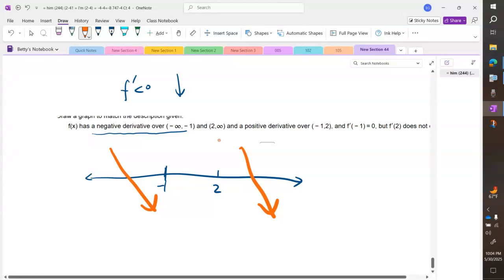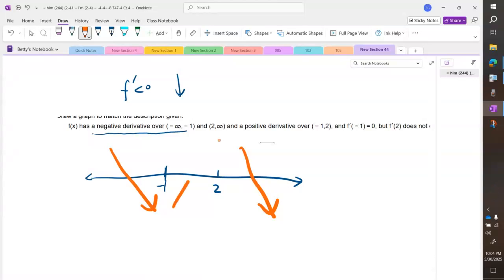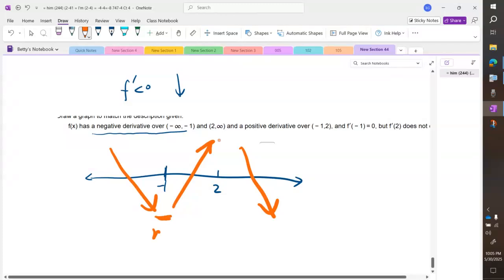And a positive derivative over negative 1 to 2 means it's increasing over negative 1 to 2, right? And f prime of negative 1 equals 0. That means we have a critical point here. That makes a minimum, right?